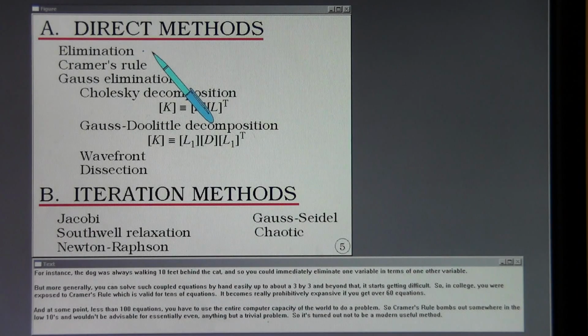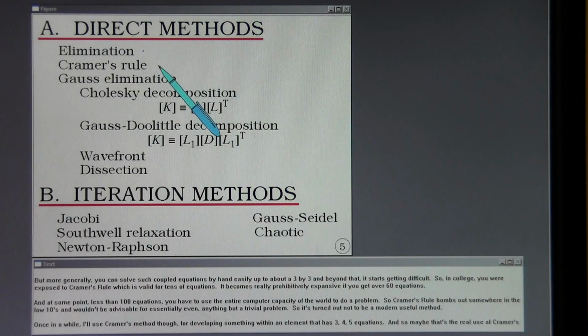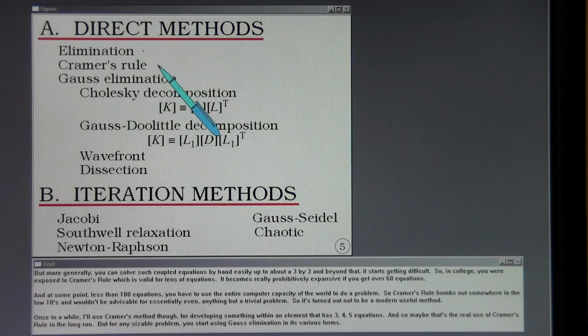So in college you were exposed to Cramer's rule, which is valid for tens of equations, but it becomes really prohibitively expensive if you get over 60 equations. And at some point, less than 100 equations, you have to use the entire computer capacity of the world to do a problem.